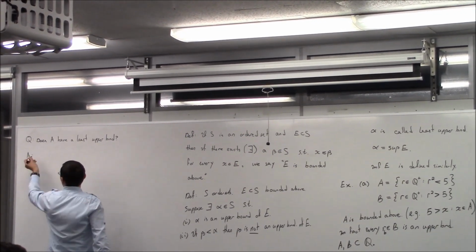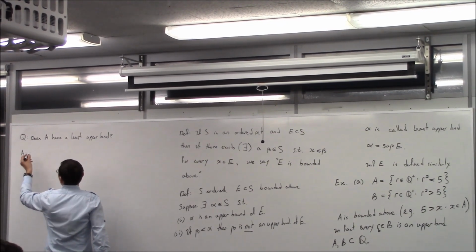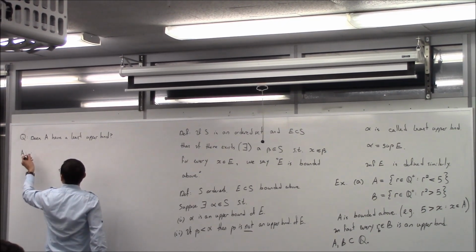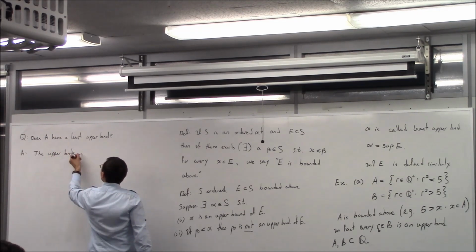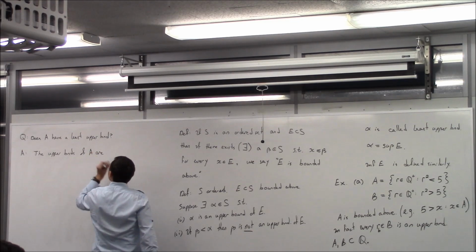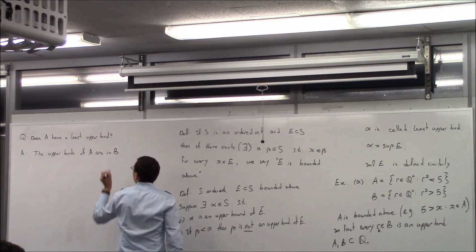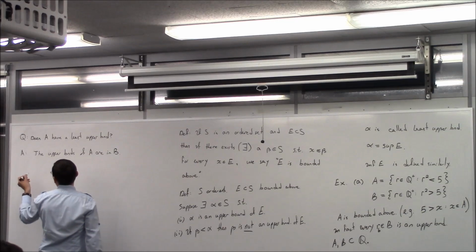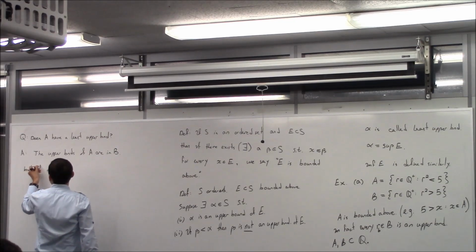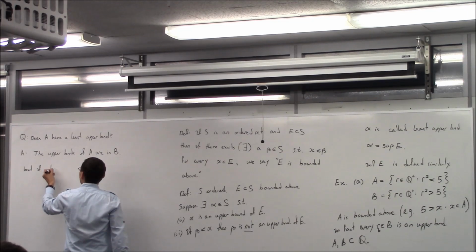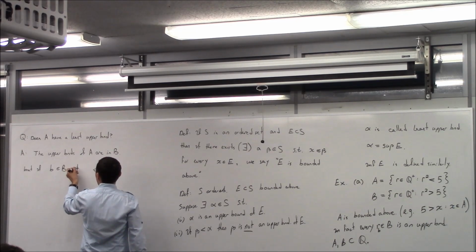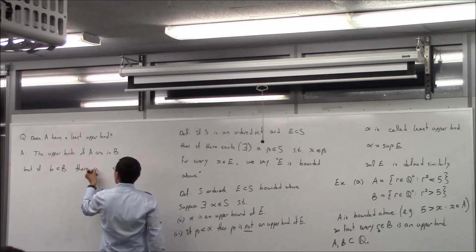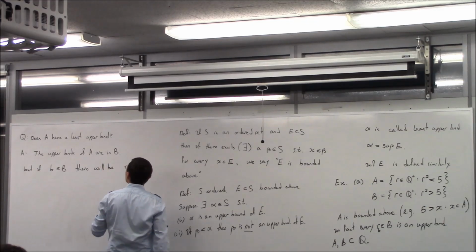So again, I will begin the answer and see if you can complete it. So again, the upper bounds of A are in B. But if I take any element in B, let's say b is an element of B, there will be, what will there be?